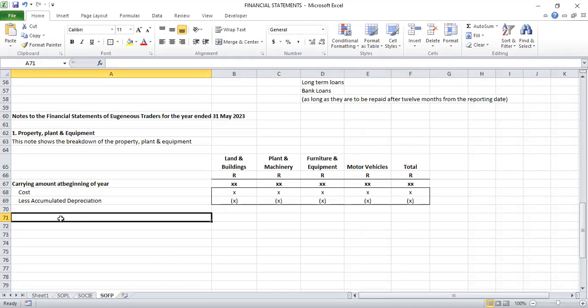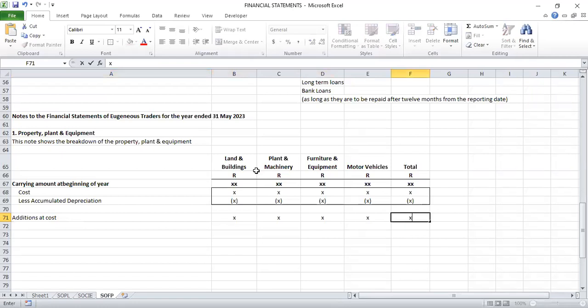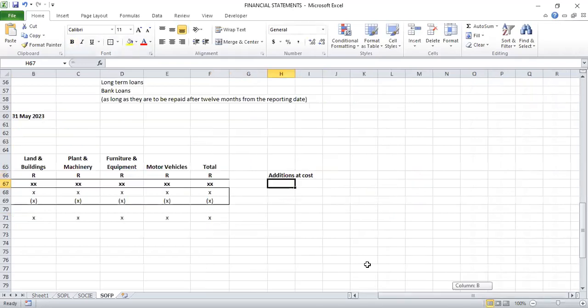Right. Then we include what we call additions at cost. Now, what are additions at cost? When we talk about additions at cost, these are assets that we acquired during the current year.